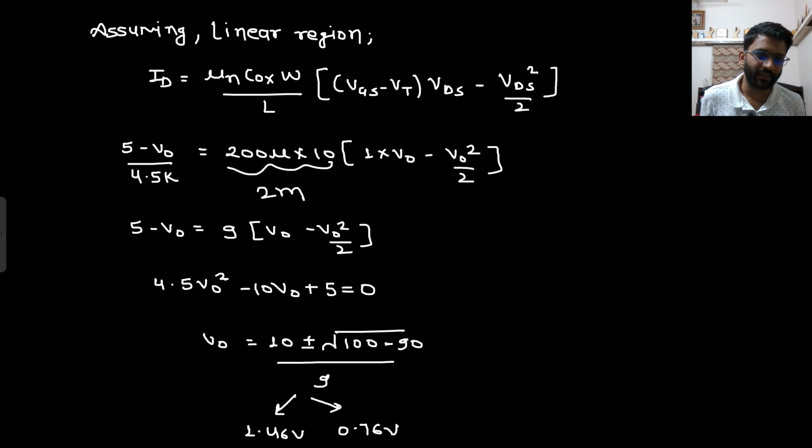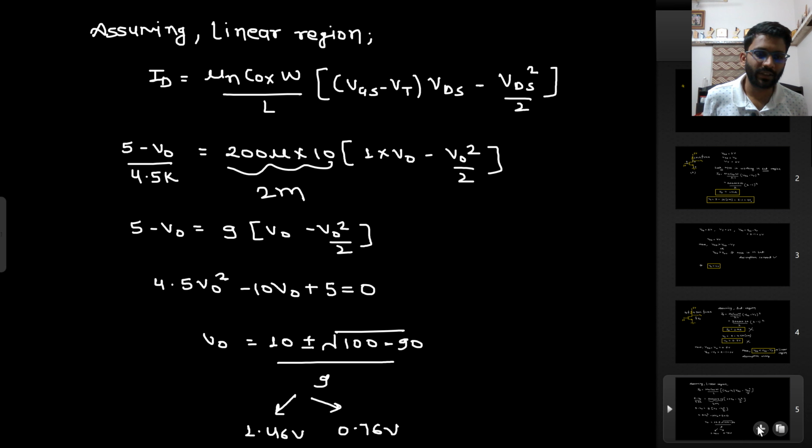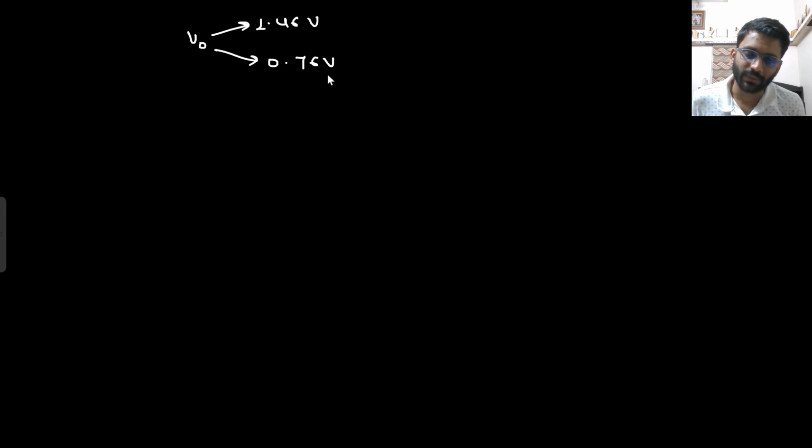Two values we are getting. Now the question is which value you will take. So the V naught value here I will write. We are getting two values of V naught, 1.46 volt and 0.76 volt. So which value will you take? How will you decide?